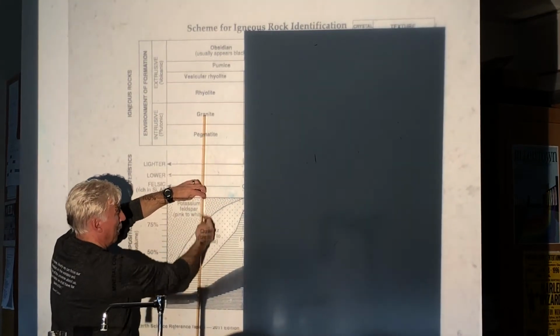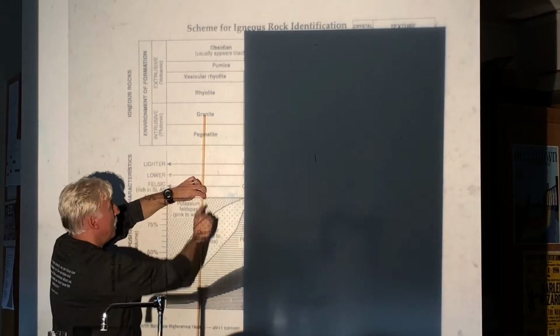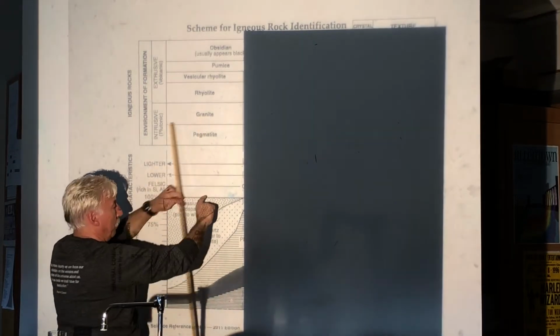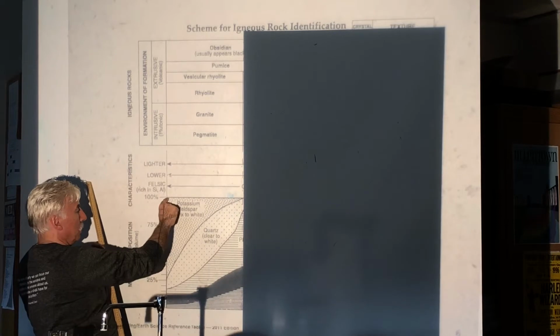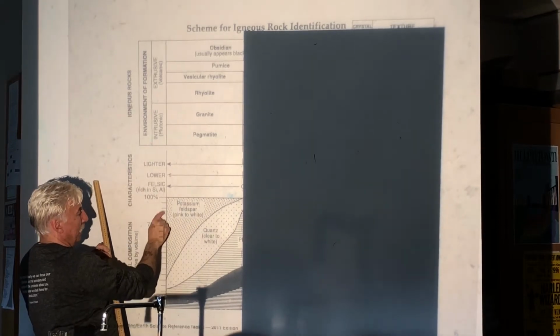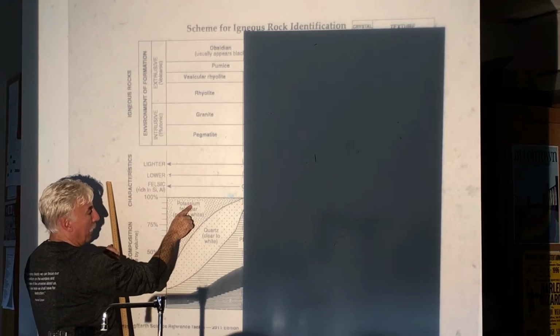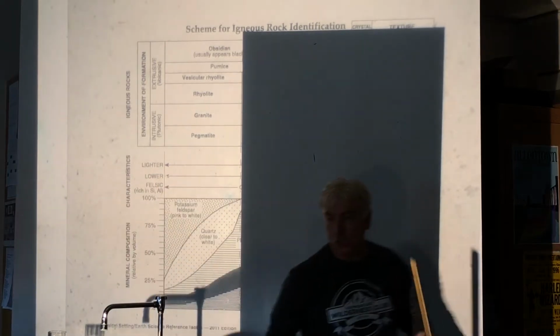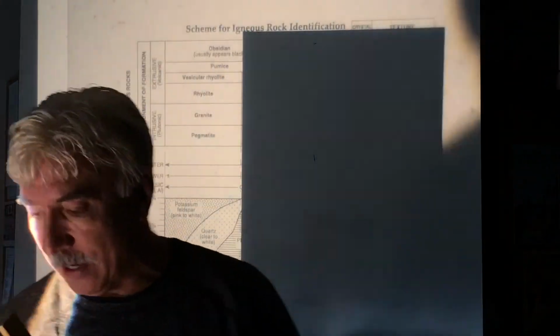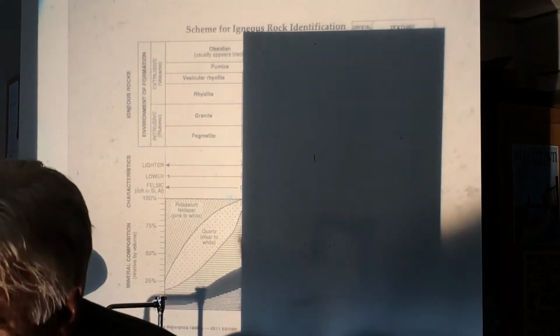An average piece of granite would be made up of about, that's 100 down to 80, about 20% potassium feldspar. In fact, let me draw a line just to show you what I mean there. I'm going to draw your average piece of granite, your average piece of pumice, your average piece of rhyolite, your average piece of pegmatite. We'll talk about what a pegmatite is in a second.